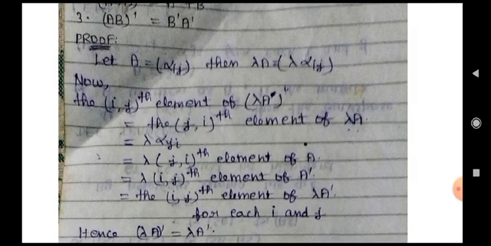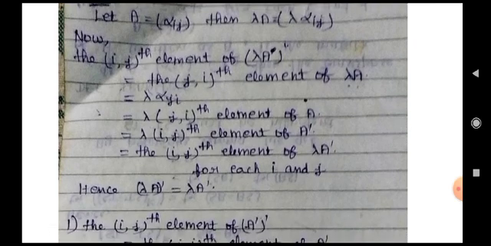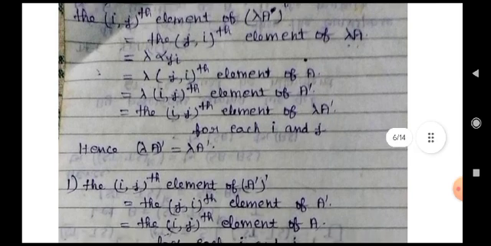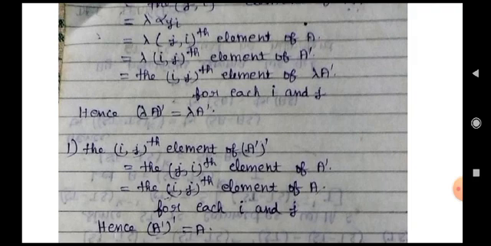Now, the ijth element of (lambda A) dash is equal to the jith element of lambda A, which equals lambda alpha ji, which equals lambda into the jith element of A, which equals lambda into the ijth element of A dash, which equals the ijth element of (lambda A dash) for each i and j. Hence, (lambda A) dash equals lambda A dash.